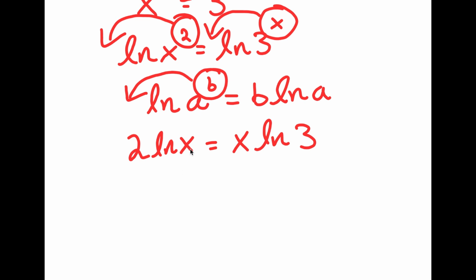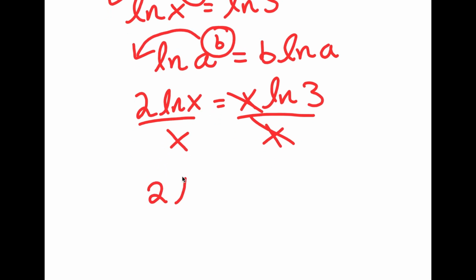Now from here, I'm going to divide both sides by x. So then these two cancel out, and I'm left with 2 times ln x over x is equal to ln 3.